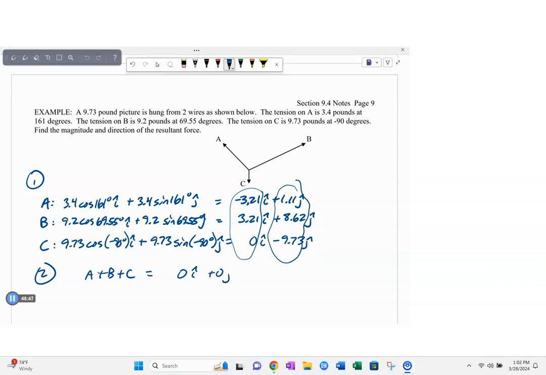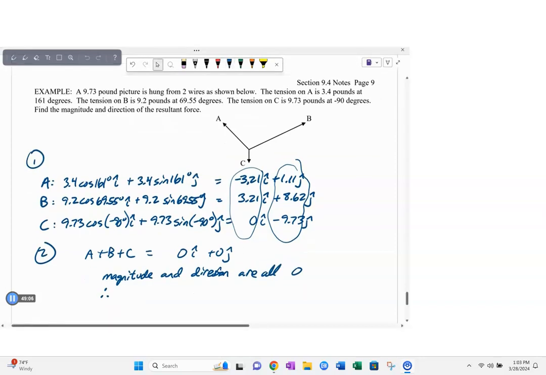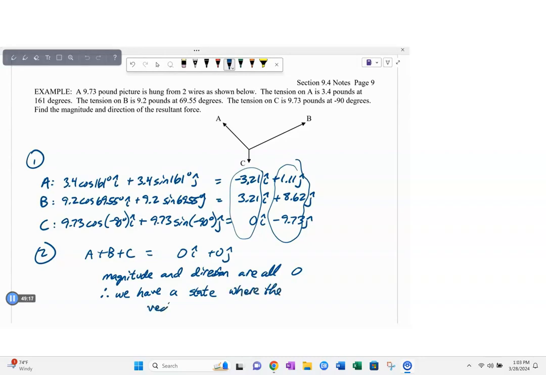So this means the magnitude and direction are all 0. Therefore, we have a state where the vectors are in static equilibrium.